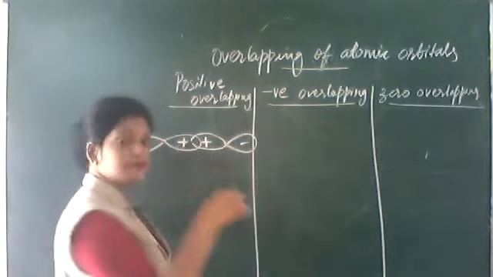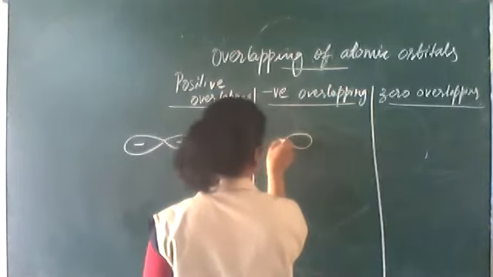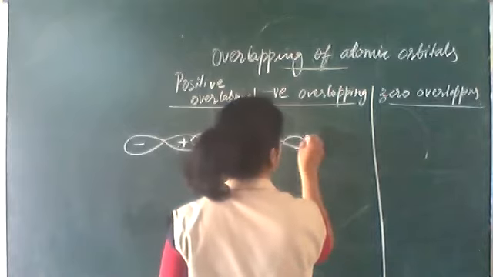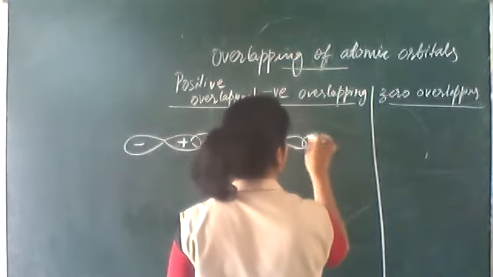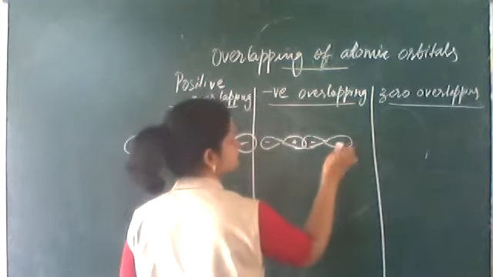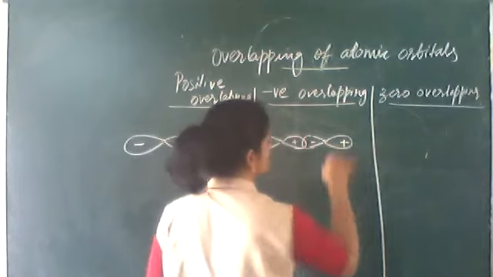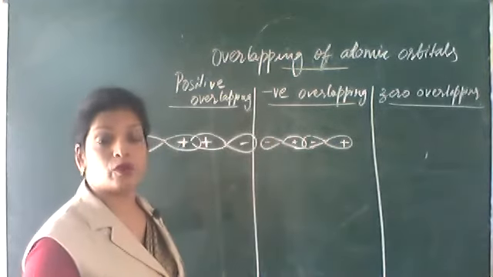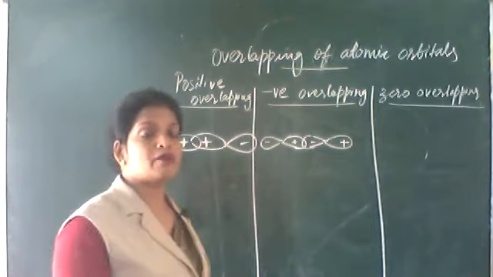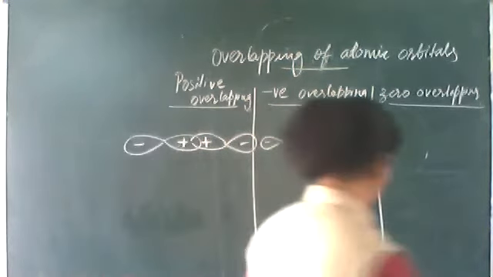Suppose one is positive and one is negative, then it is negative overlap. Zero overlap means one half is cancelled by the other half, or there is no overlap. That is zero overlap.